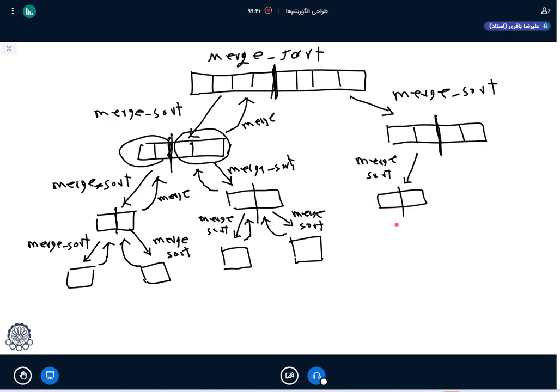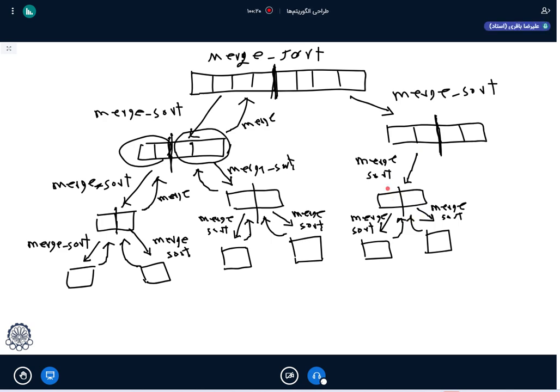Again, these 2 elements are divided into 2 parts, and the function is called for the first element, which has only 1 number. Here we only have 1 element, and the stop condition is satisfied, so we return back to its parent. Then it goes for the second call and calls merge sort for the second part. The second part has only 1 element, and the stop condition is satisfied, and it returns back.